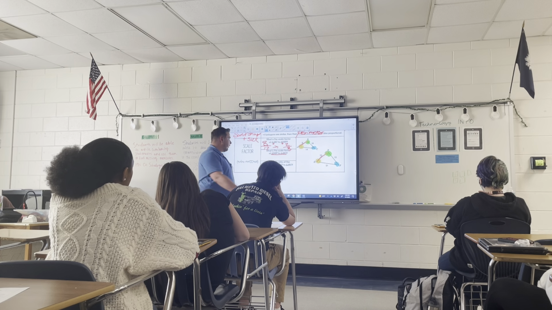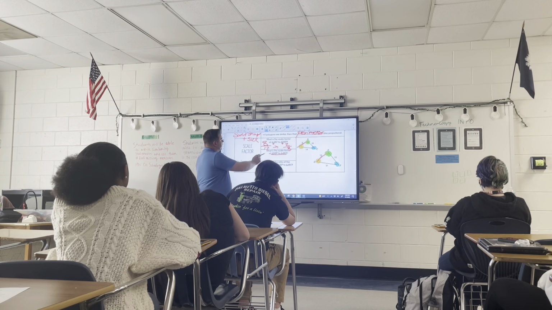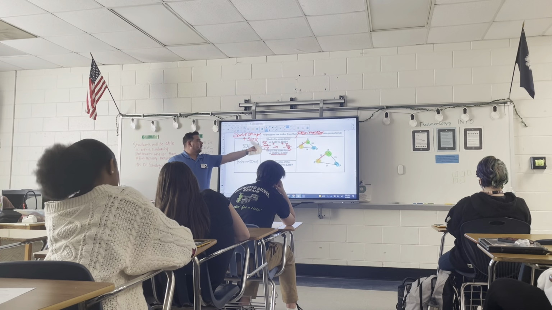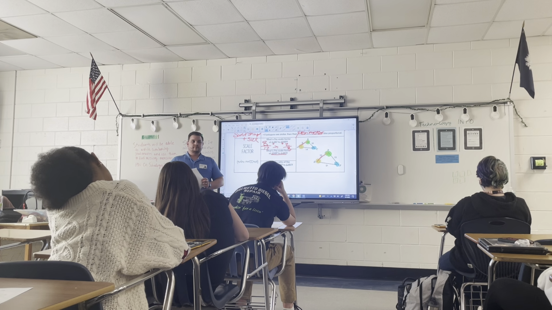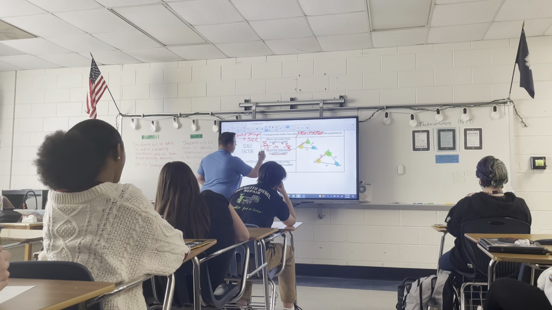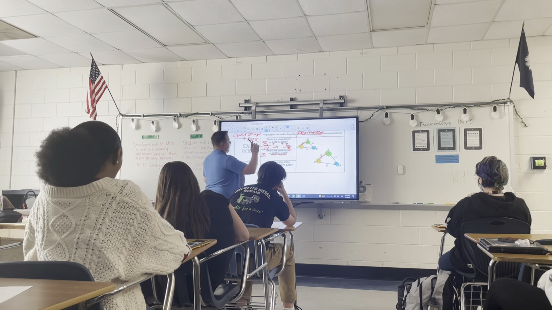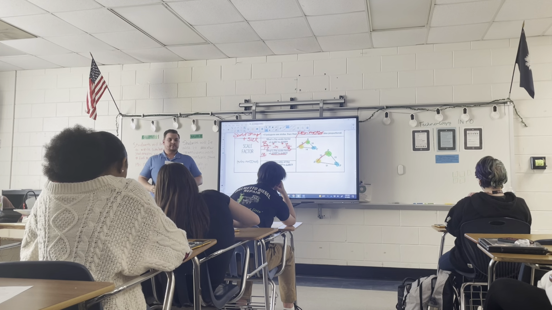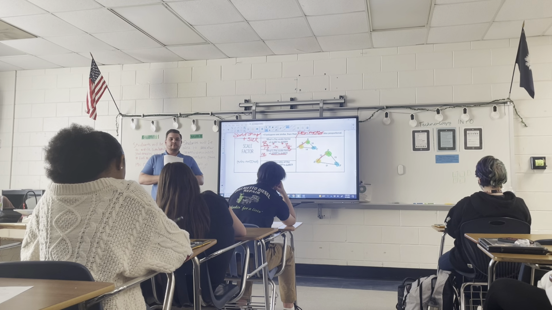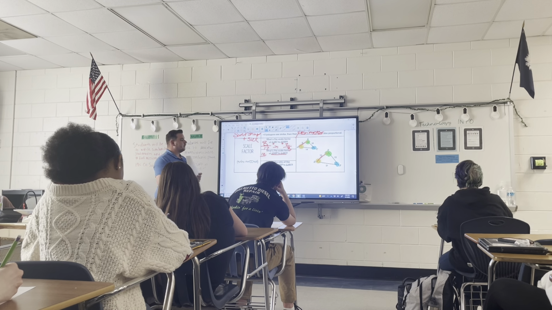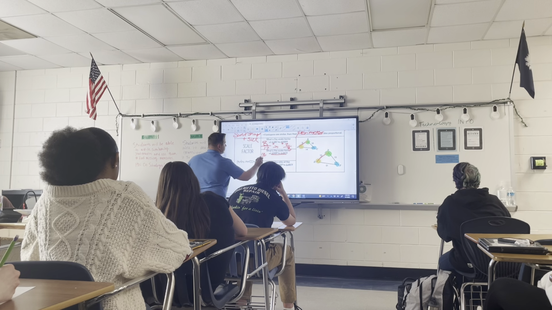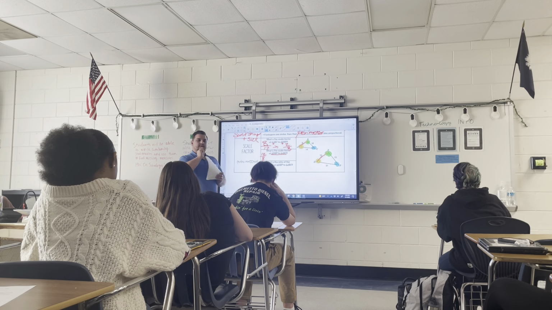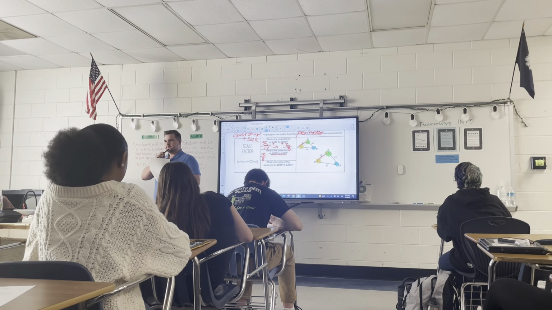So what number represented our DEF on this one? 12. 12 represented our scale factor part for DEF. What about triangle ABC? 8. That looks similar, right?